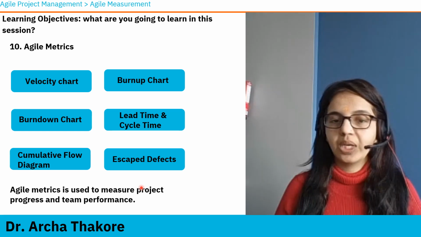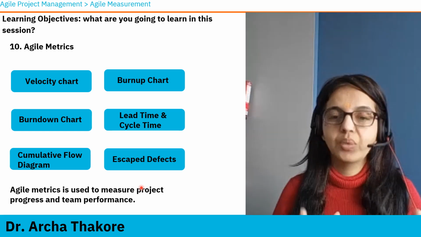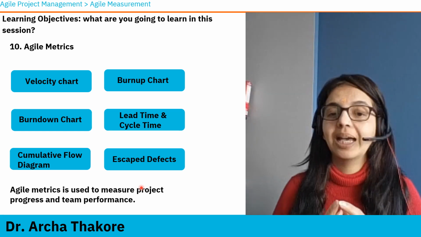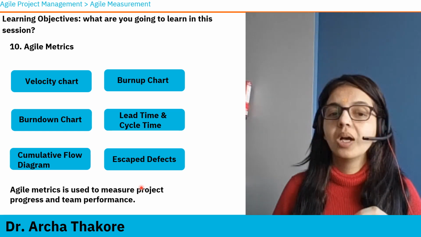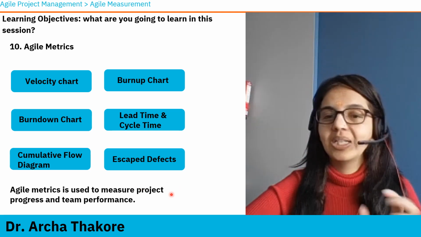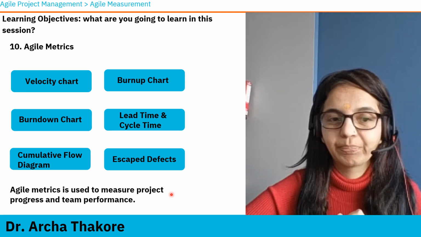While agile metrics are far more flexible than the metrics in a predictive waterfall style of project, there are still metrics that show you how the project is performing and how the team is doing, and these are the most important and commonly used ones.